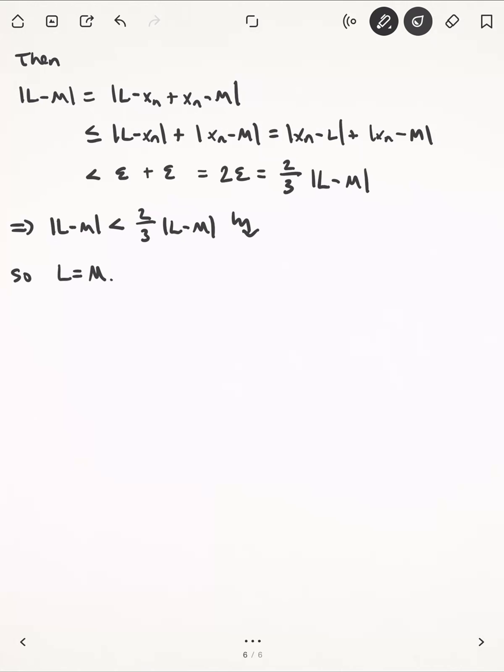Sometimes you can just look at a sequence and you'll know what the limit of that sequence should intuitively be. But other times it's not so clear.